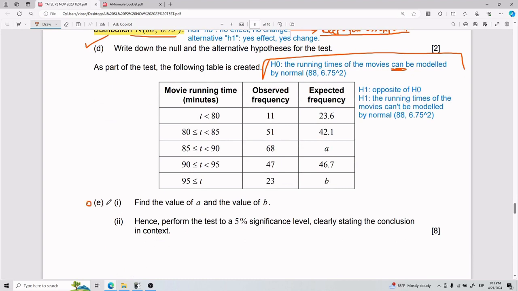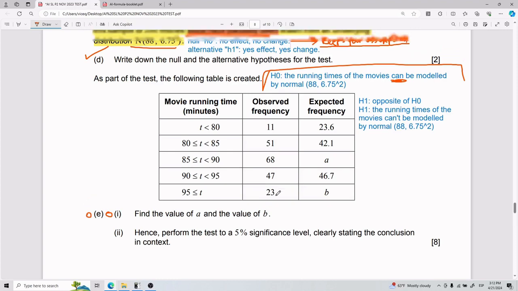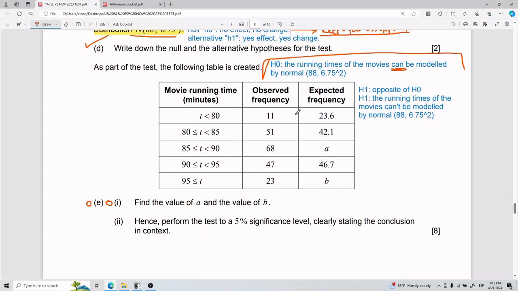Then for part E-i, we're going to find the value of a and the value of b. And so from here, well, we take a look at our graph, right? And we see what they propose. So for example, the running time, if you have t less than 80, the observed frequency is 11.